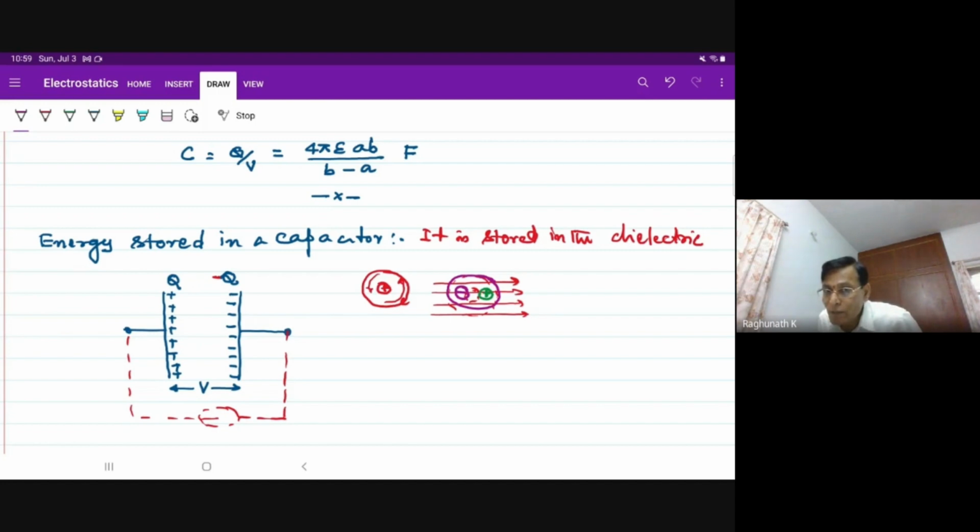You agree with this? So every atom that is present in the dielectric region will be in the deformed state when there is an electric field between the plates of the capacitor in the particular region. So energy gets stored in the dielectric region.